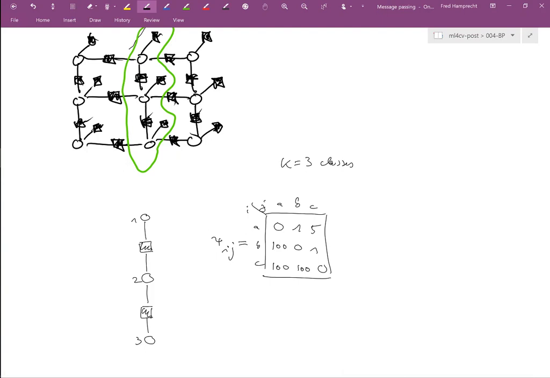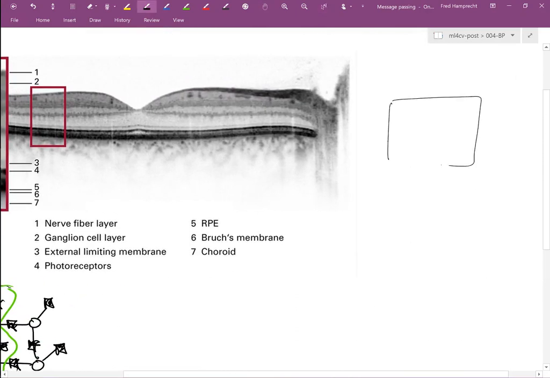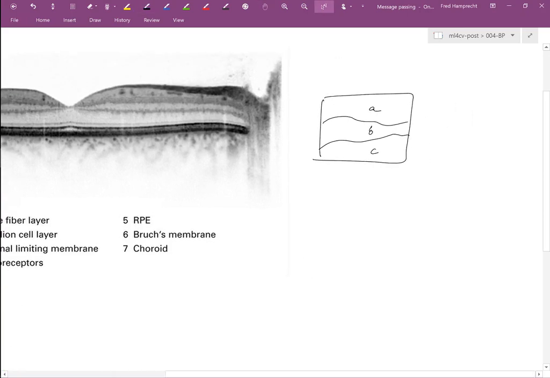Because I want to, so let me figure out which way now is top and bottom. So what this matrix says is, up in the image here, where I'm now considering only 3 classes and not 9 or something, it is legal to have A, B, and C, but it's not legal to have, let's say, an island of B up here.